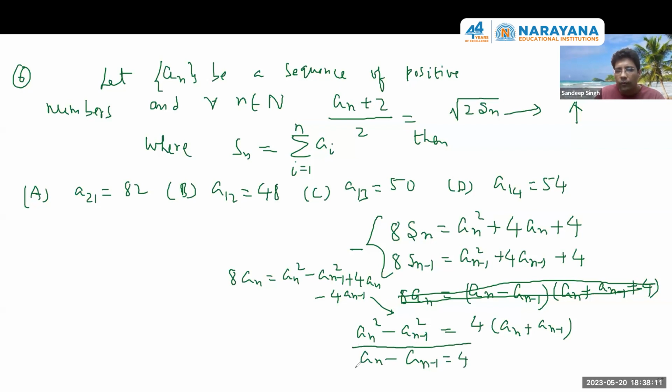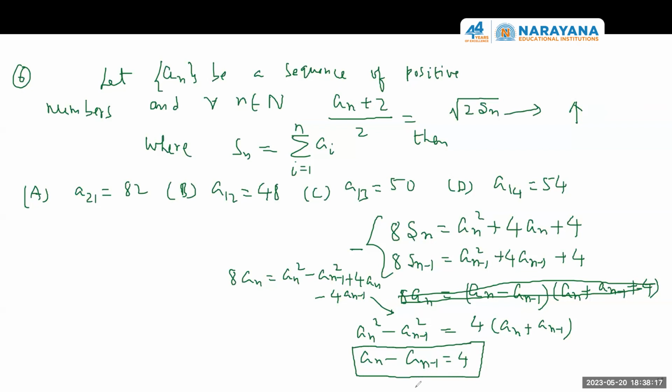So if the common difference is 4, now can you tell me what will be the first term? First term is 2, sir. First term is 2. How can we get it? We put n equal to 1 in the original sequence, and we get a1 plus 2 by 2 is equal to the square root of 2a1. So in the first equation, I can put n equal to 1.